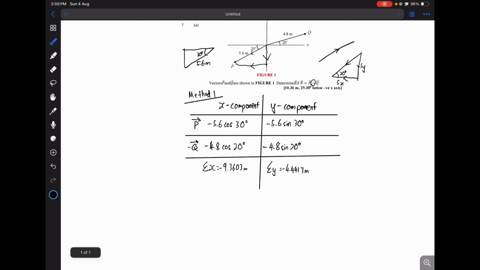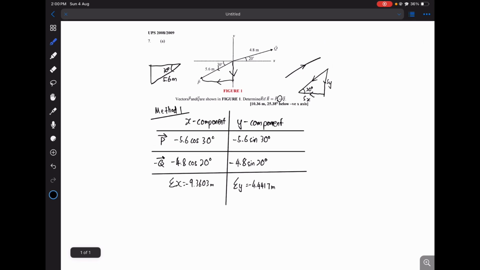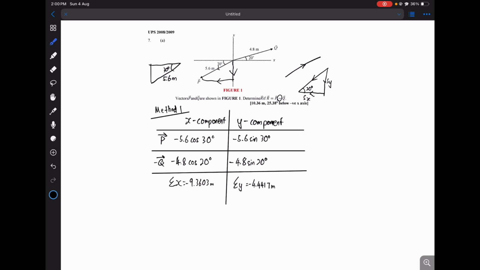Now we need to find the resultant vector, which is R in this question, equal to the square root of the sum of the squares of both components.